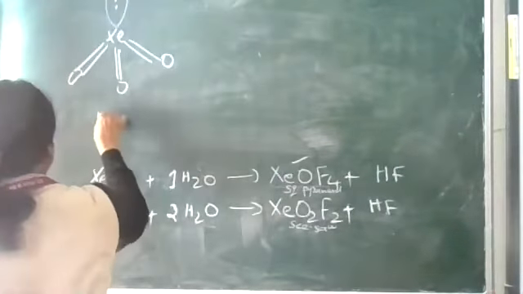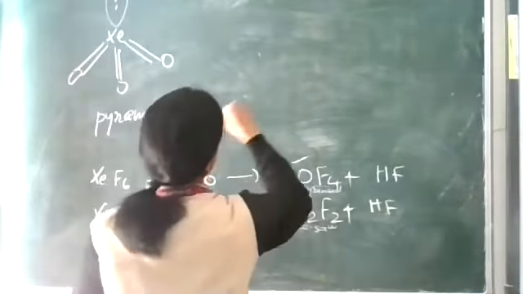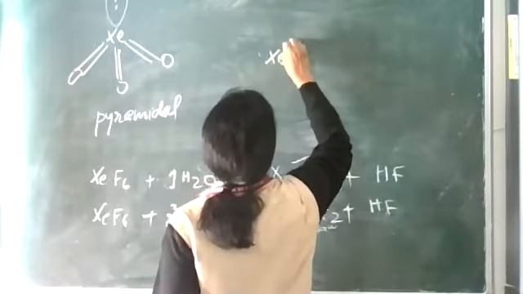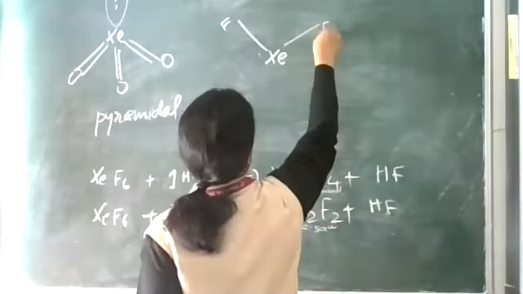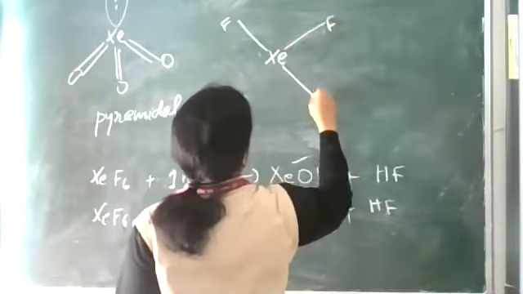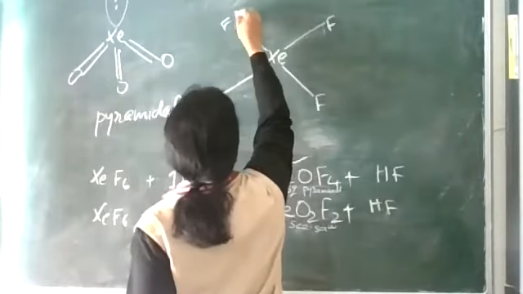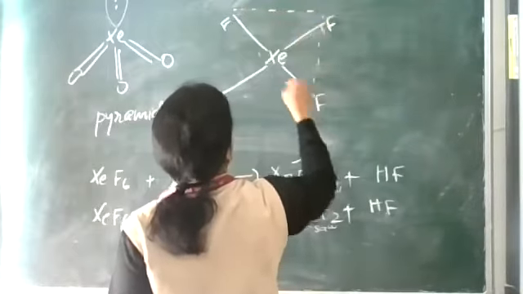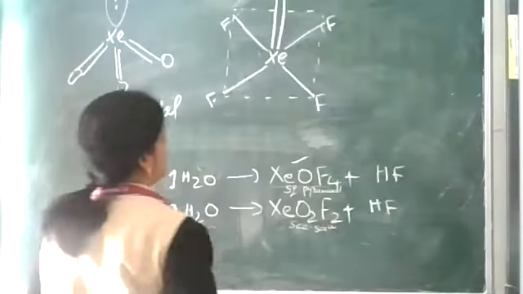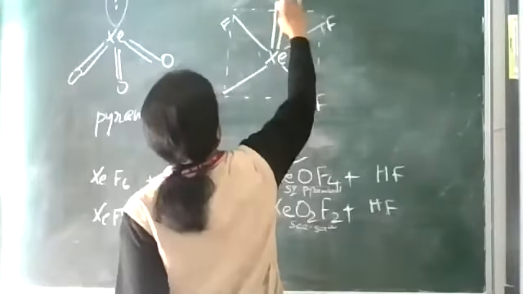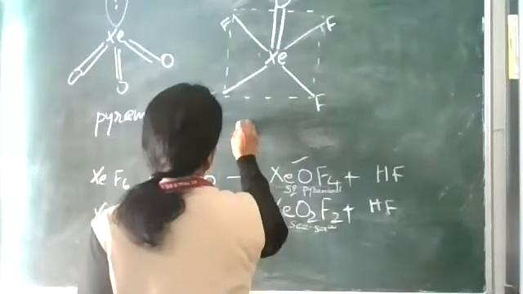This is pyramidal. XeO2F2, that is see-saw. XeOF4, double bond O, that is square pyramid.